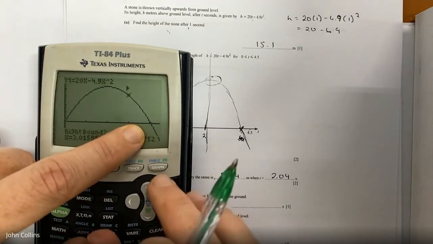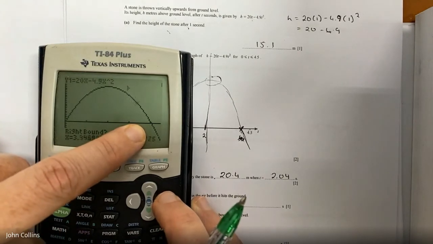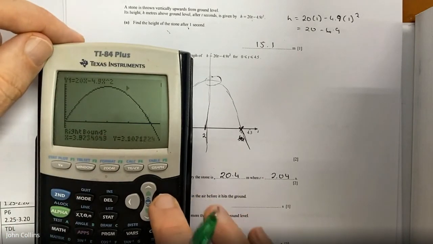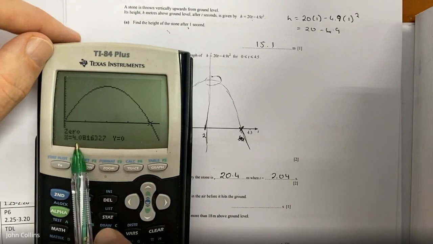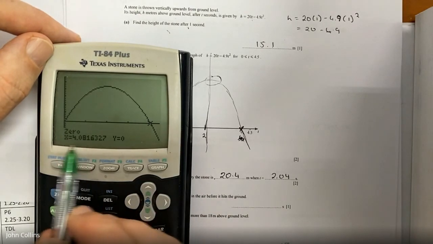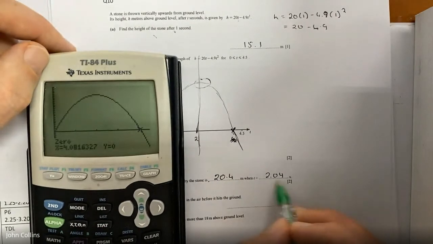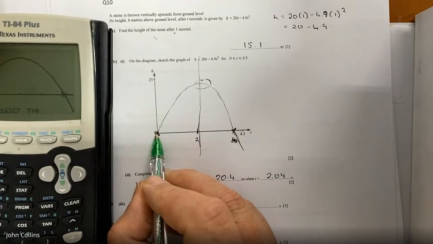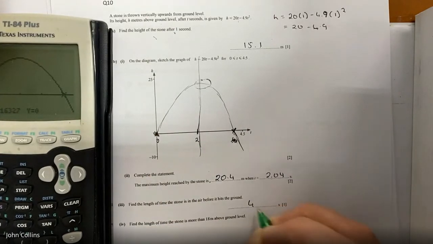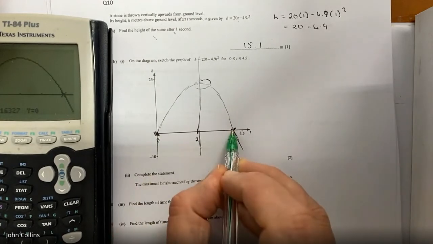I think it's 4, but it mightn't actually be 4. So I'm just moving the dot to the other side. So I find that 0. Press enter. Oh, it's 4.08. So that's why this is 2.04. So the stone is in the air from 0 until 4.08. So 4.08 is the amount of time. So from 0 to that place, it's in the air.